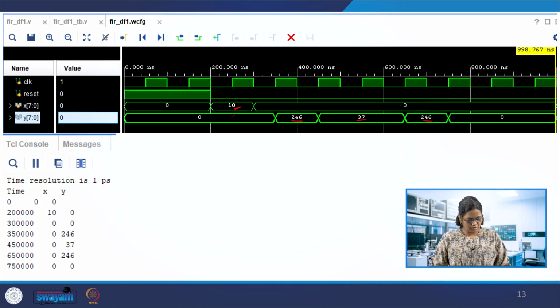Okay. So we can also have another example, which is for the transposed structure. The transposed structure is where the delay and the coefficient places get exchanged, if you remember that: x of n and then coefficient and then delay it, and then x multiplied with another coefficient and add them and then delay it, and so on.